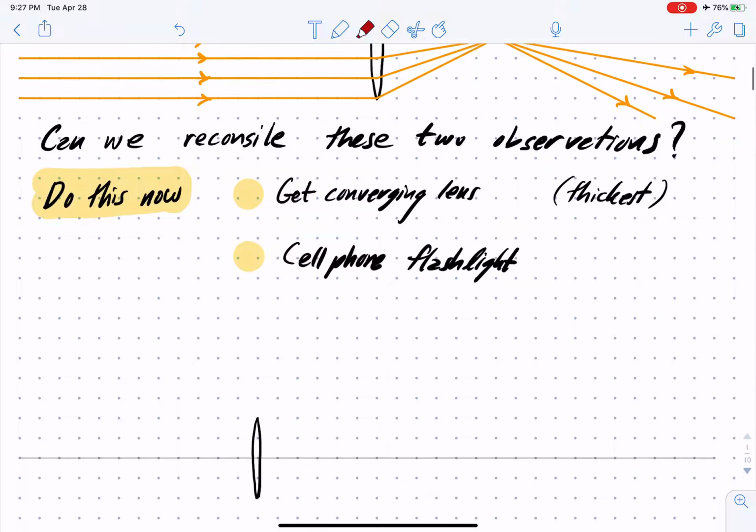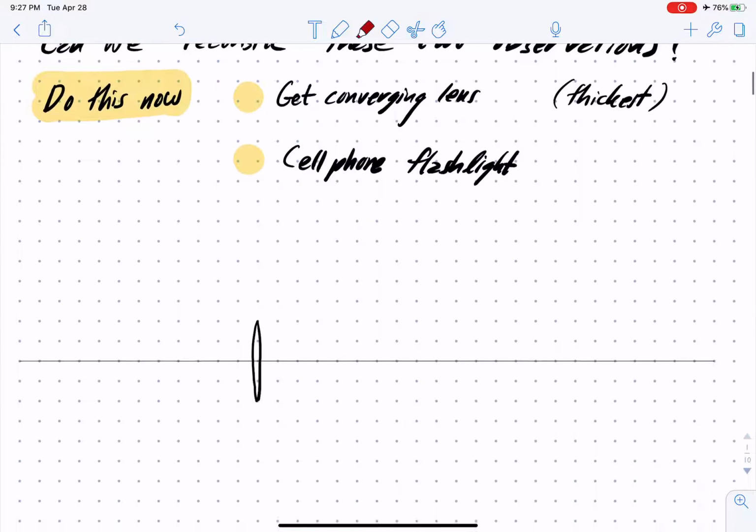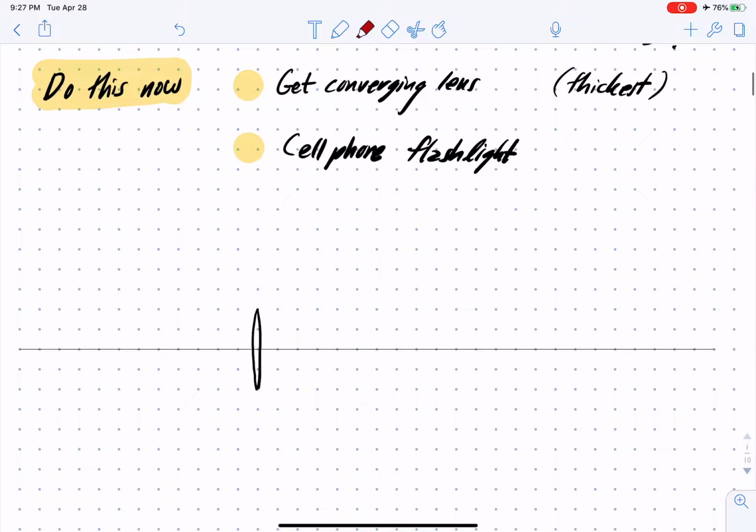Now before we do that, we need to make one other observation. So do this now. Get your converging lens, the thickest one, and your cell phone, and turn on the flashlight on the cell phone.